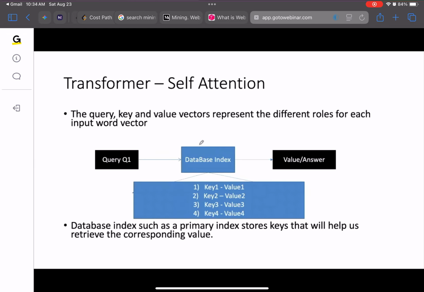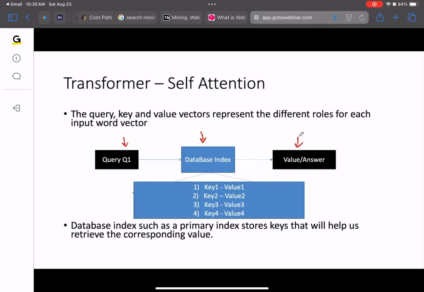One more way to get an intuition of what these query, key, and value matrices are is to consider a typical database system. Let's say we have a database index, typically a primary index, secondary index, etc. When we pose a query to the database system, it uses this index to help fetch the value or the answer.